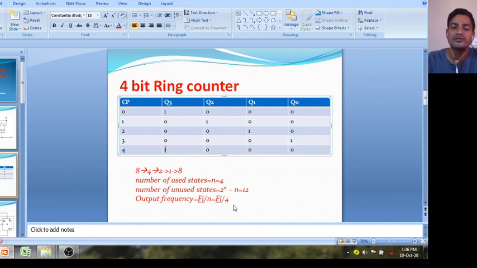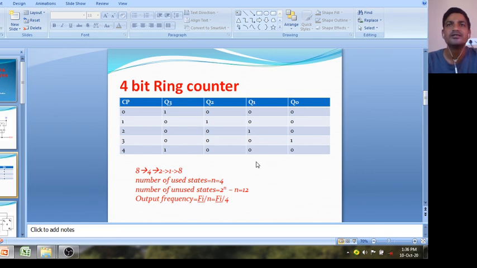Okay. You can also say it is a mod 4 counter. It is a mod 4 synchronous counter, because total used states are 4. So in general, used states in an n bit ring counter will be n. In case of unused states, 2 to the power n minus n, and output frequency is Fi upon n. Suppose there is a 5 bit ring counter. Total used states will be what? 5.